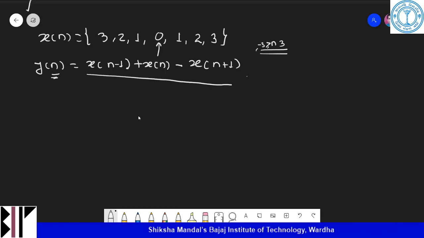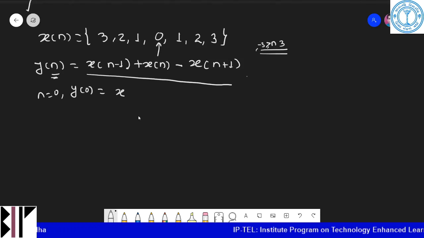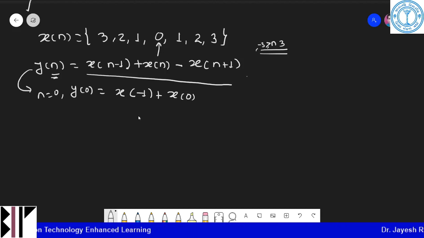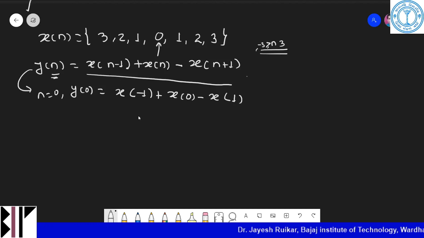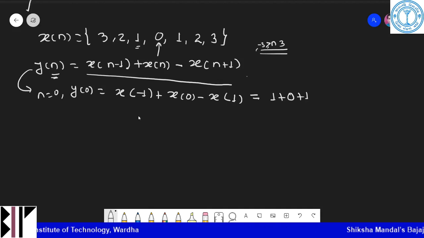So y of 0 first we will calculate. Put n equal to 0. So y of 0 will be equal to x of minus 1 plus x of 0 minus x of plus 1. So x of minus 1, its value is equal to 0. x of 0, value is equal to 0. x of plus 1, the value is equal to 1.